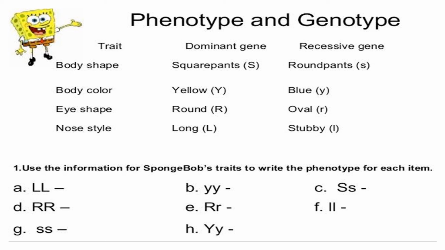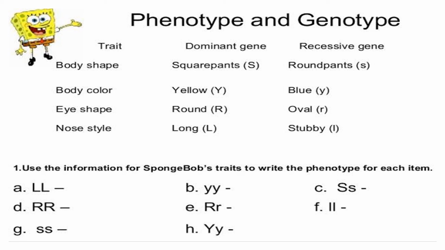Under dominant gene, we have the Squarepants, for which the capital letter S represents it. For yellow, we have the big letter Y. For round, we have the big letter R. And for long, we have the big letter L.